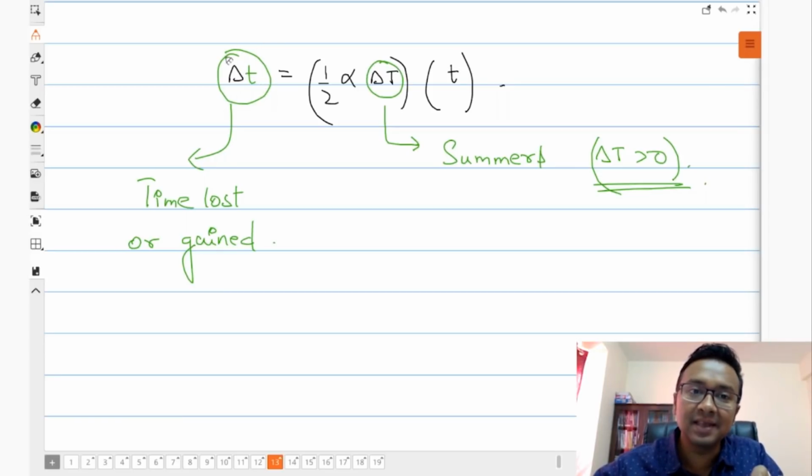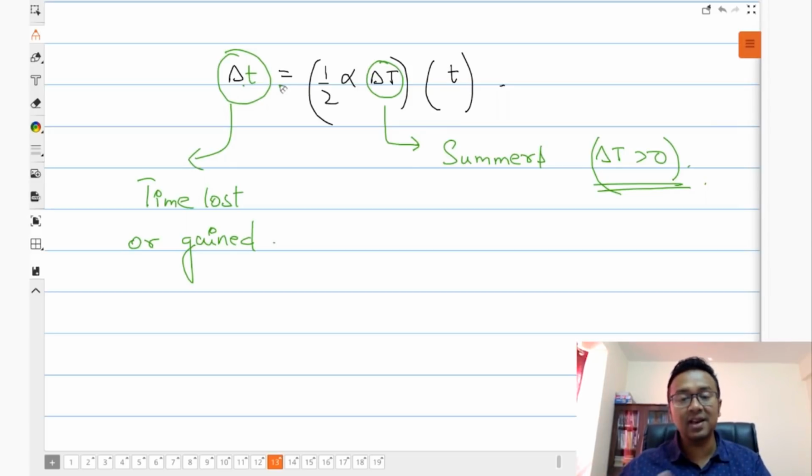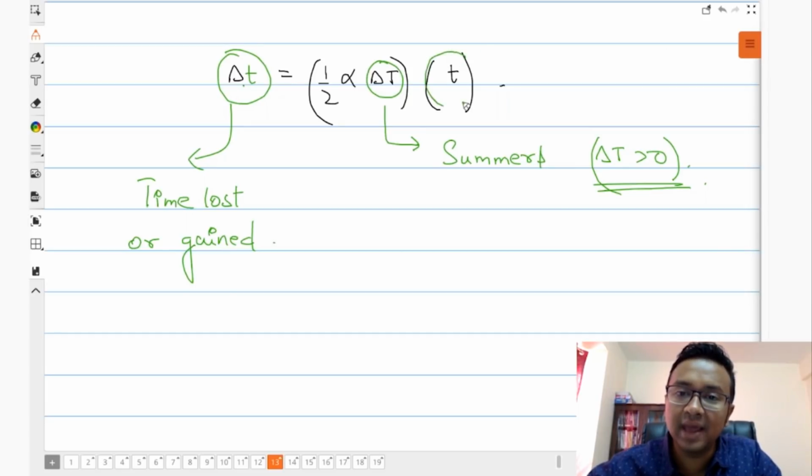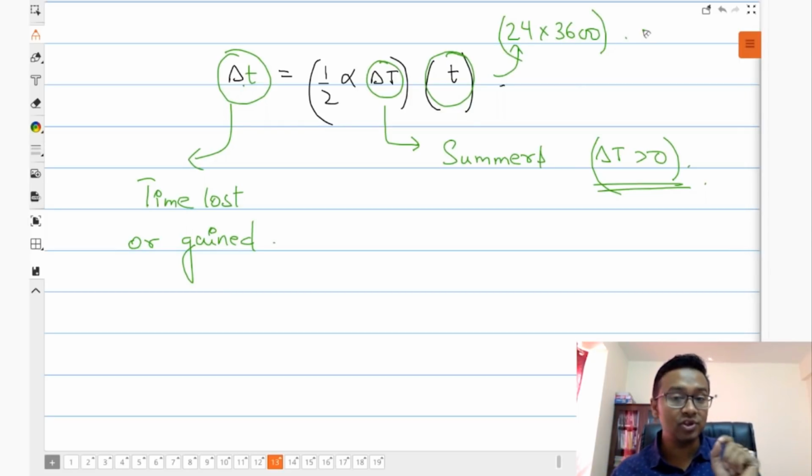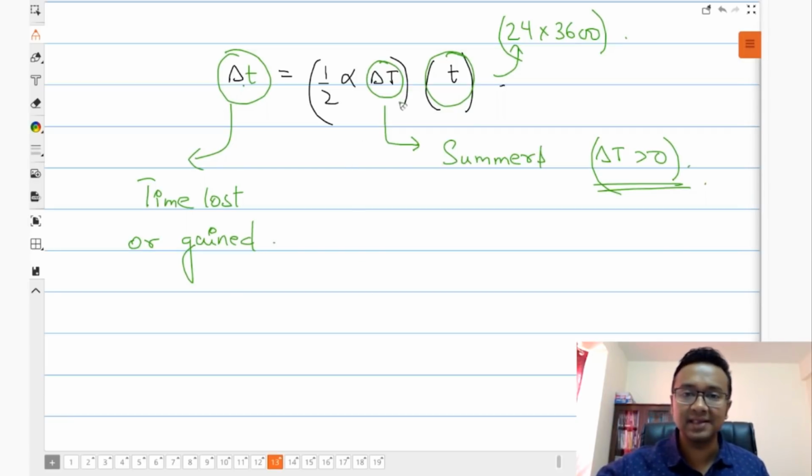That means the clock is going to run slow by this much. Say your clock is running for an entire day. In an entire day, we have 24 hours into 3600 seconds, which amounts to 86400 seconds, my dear students.